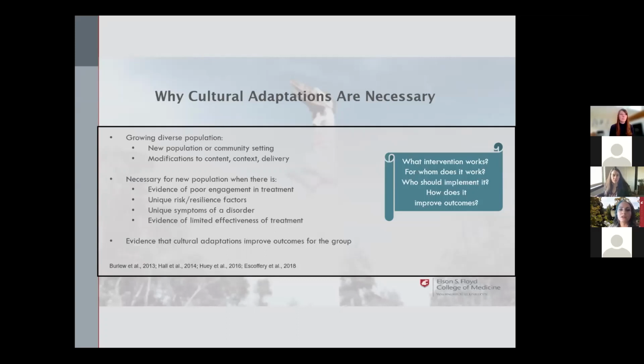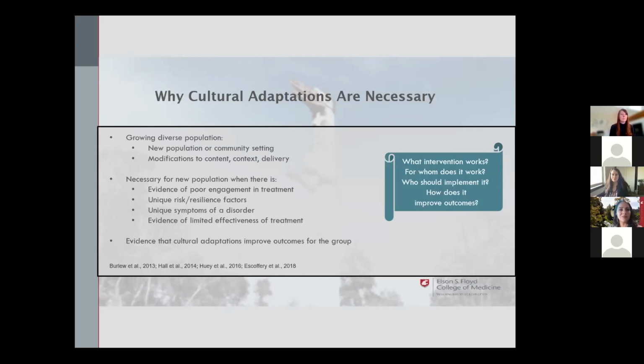The literature has identified several areas when you might want to culturally adapt. When the diverse population is growing and it's a new community or setting where you want to make these modifications, as well as if there's evidence for poor treatment engagement.